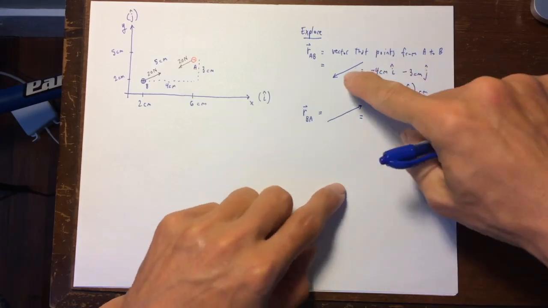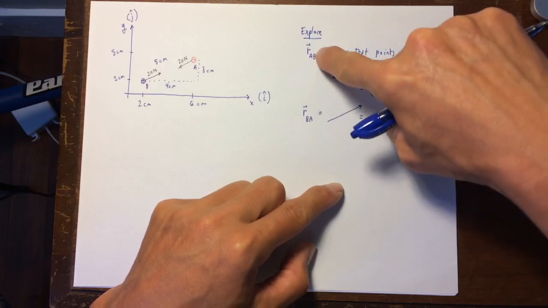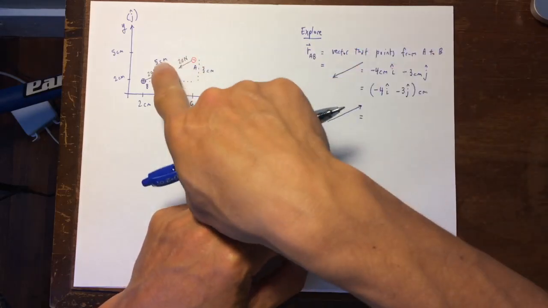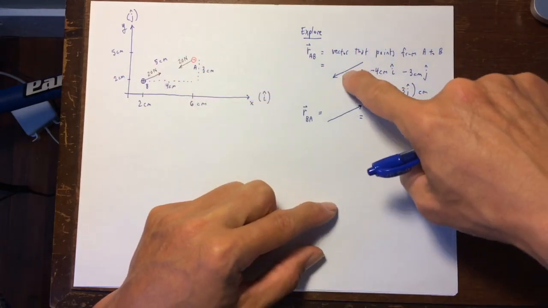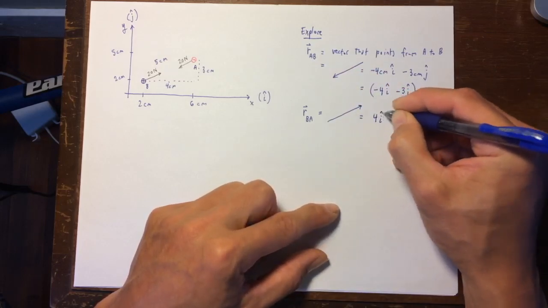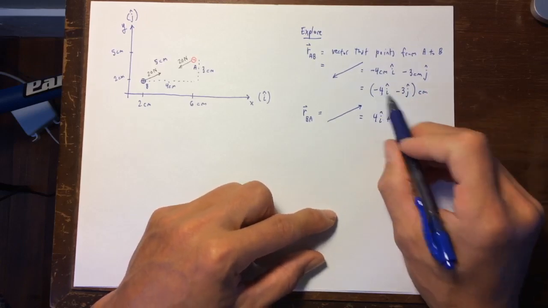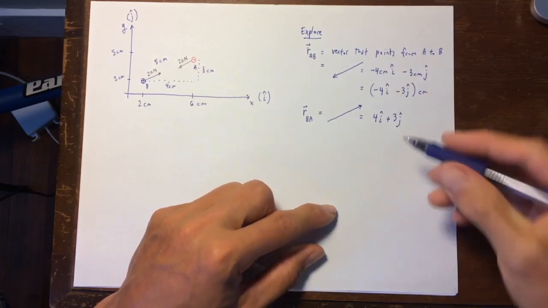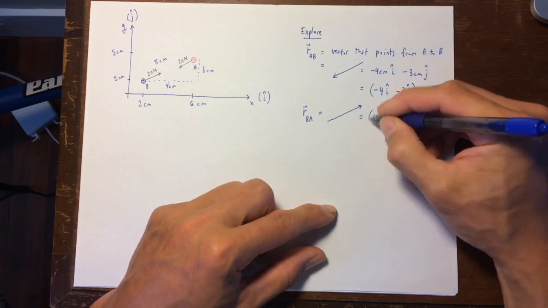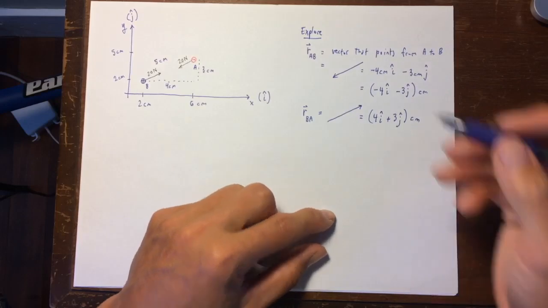So if you look at these two vectors, they have the same magnitude, both 5 centimeters, but they have opposite directions. Opposite is pretty easy: 4 i hat plus 3 j hat. Opposite just means change the sign to the opposite sign on all the directions. And this is also in centimeters, right?